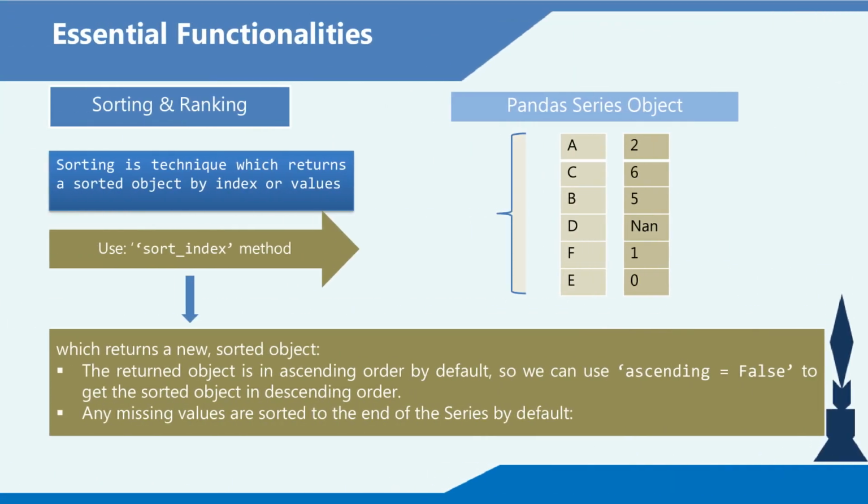Sorting a dataset by some criterion is another important built-in operation. To sort lexicographically by row or column index, we can use the sort_index method, which returns a new, sorted object.